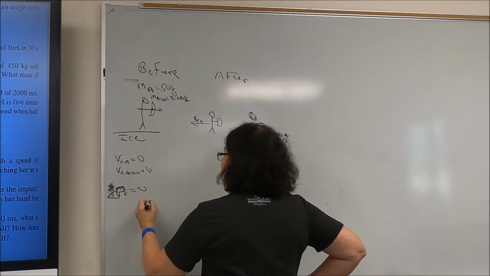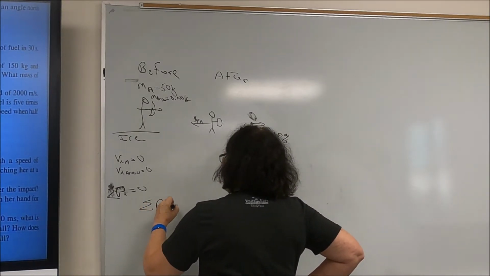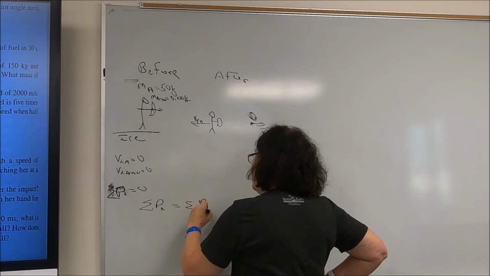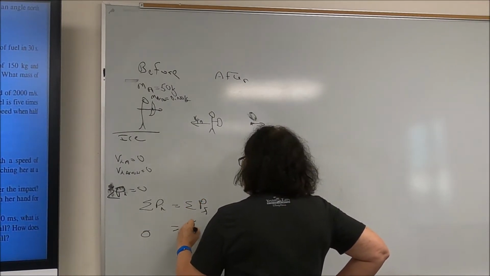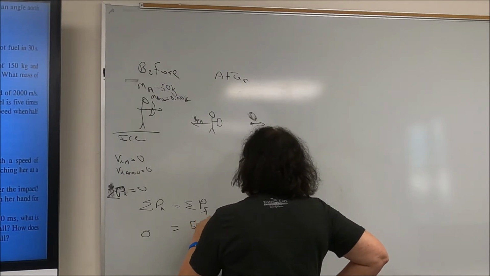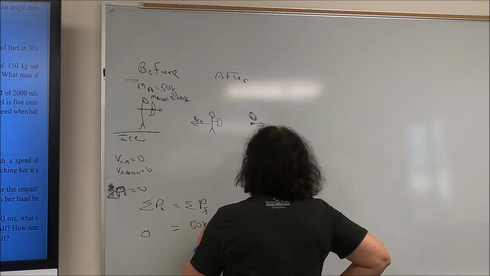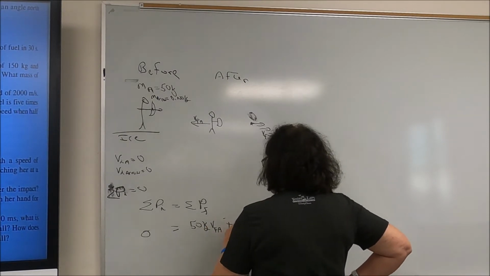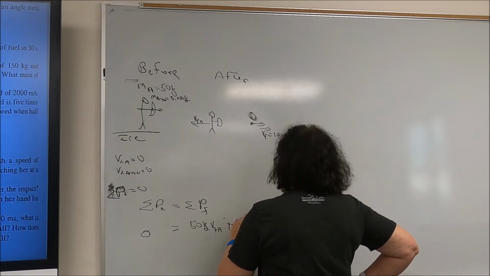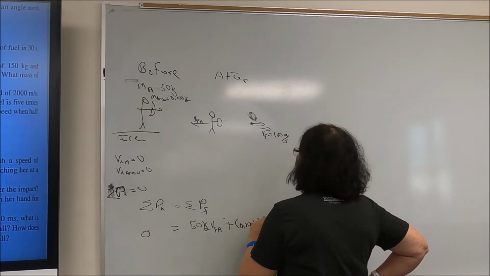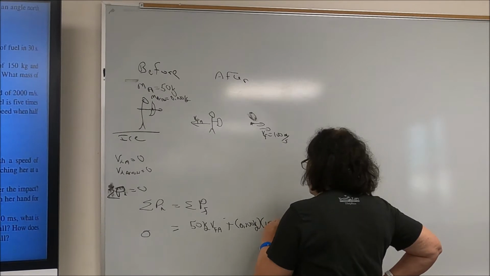So what I can say is the sum of the momentum initially has to equal the sum of the momentum final. So I have 0 equal to 50 kilograms times velocity final of the archer plus 0.100 kilograms times 100 meters per second.